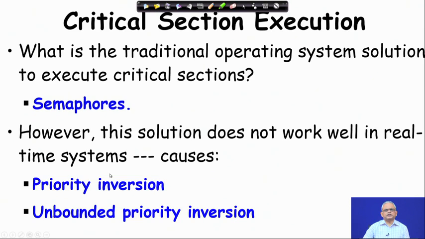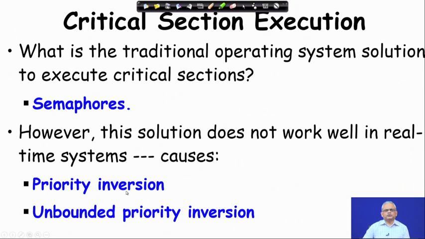The semaphore causes severe problems in a real time application. It causes priority inversion and unbounded priority inversion, two very bad problems, and unbounded priority inversion can cause a task to miss its deadline and cause the failure of the application.